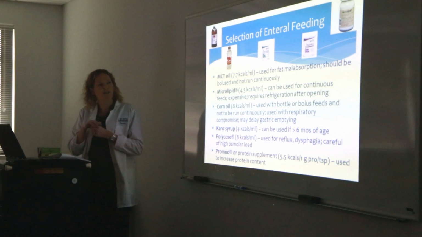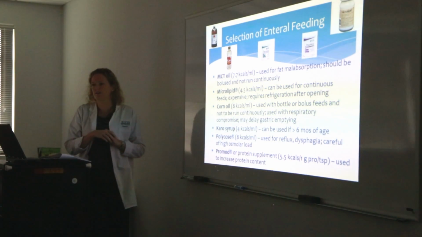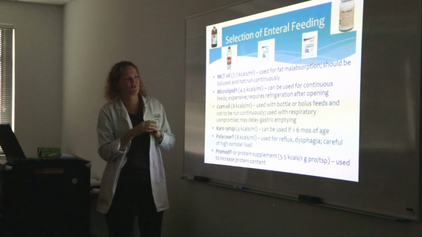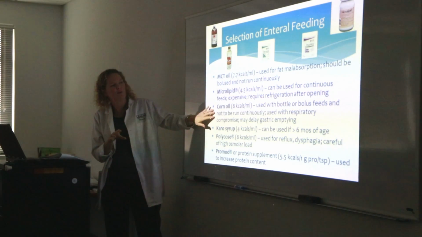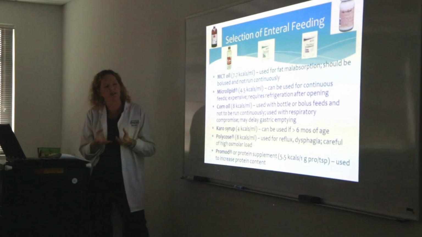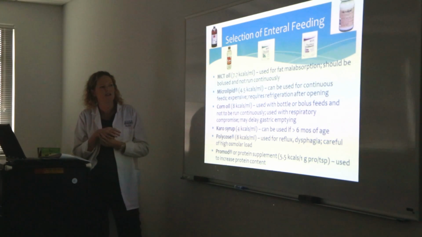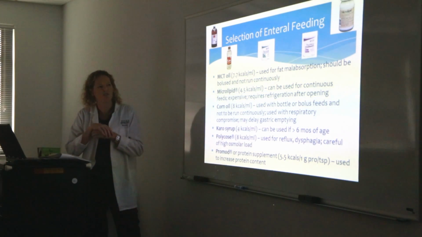It can be used for continuous tube feed, so it doesn't tend to coat the inside of the feeding tube. It's really expensive though. It does require refrigeration after you open it. And then corn oil, you can use that with a formula that's going to be fed by bottle or bolus. It shouldn't be run continuously either, again, because it can coat the inside of the tube.